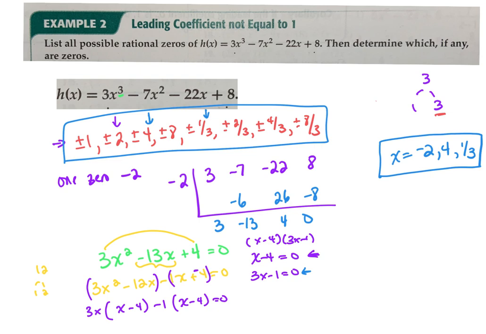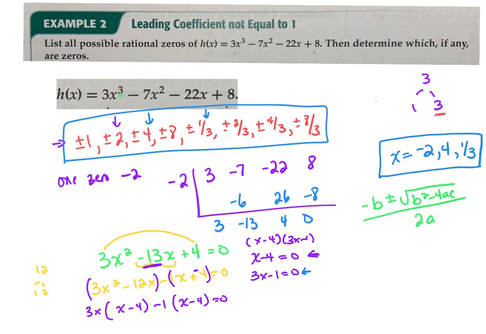All right? Now, if you're not comfortable with factoring, let's say you don't like factoring, you need to memorize your quadratic formula. That's a squared plus b squared equals c squared. Is that that? No, that was the Pythagorean theorem. Right? The quadratic formula is negative b plus or minus the square root of b squared minus 4ac, over 2a. All right? So I'm going to do the quadratic formula really quickly here.